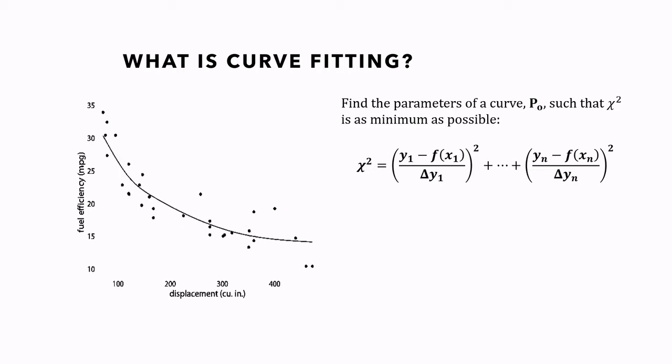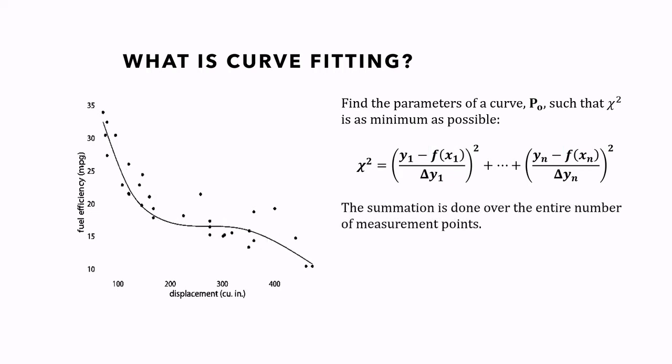In the formula, y is the measured value obtained from the experimental data, while f of x is the predicted value obtained from the model curve. Also, the summation is done over the entire measurement points. Note that n is the total number of measurement points.